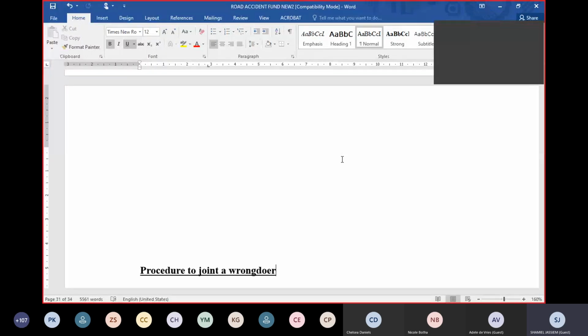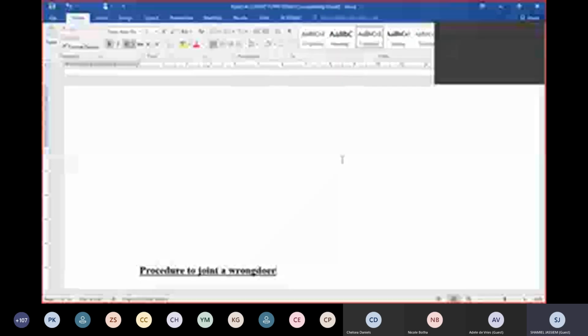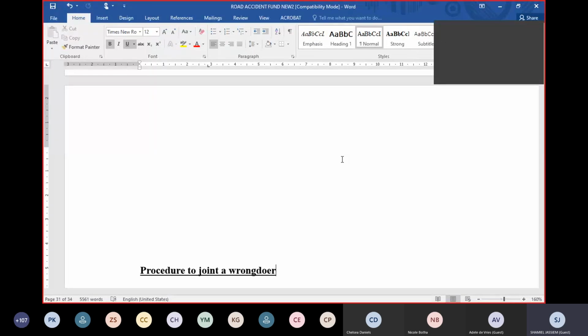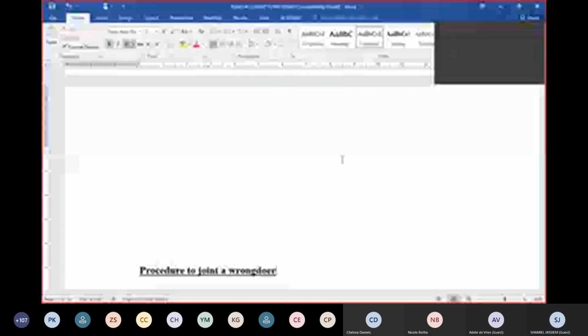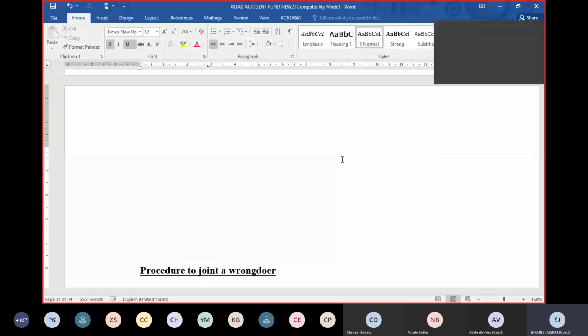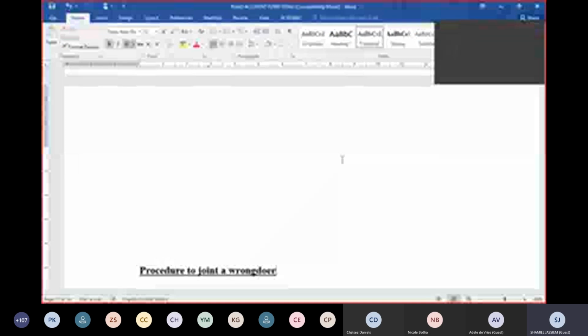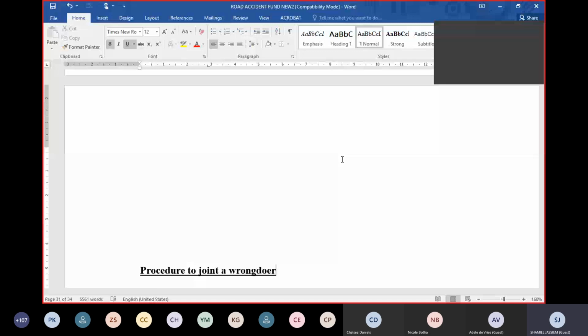So the same scenario, there was an assault on the plaintiff by A and B. A was the vicious attacker and B not so vicious, but the plaintiff decides to sue B only instead of A, there's nothing wrong with that. However, B would like to get A before court as well, because B believes that A was the vicious one and A contributed more to the extent of the plaintiff's injuries.